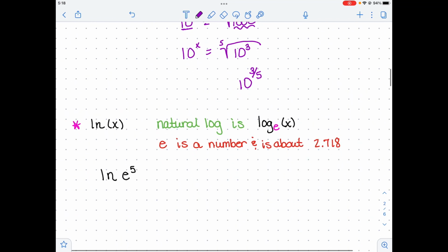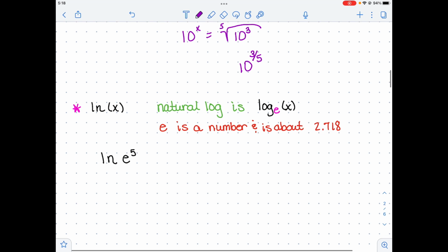All right. We talked very briefly about natural logs. We'll go a little bit more in detail in this unit. But natural logs are ln, and a natural log means the same thing as log base e, and we can actually write it that way if it helps you. But e is a number, and it's about 2.718, an irrational number, just like pi.